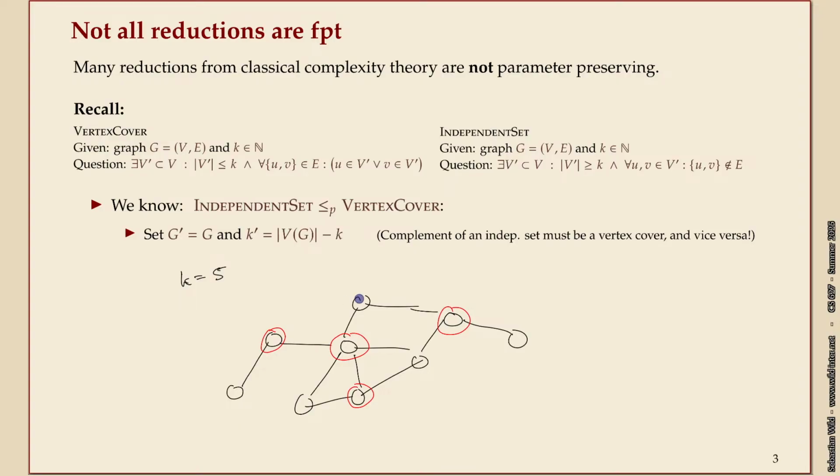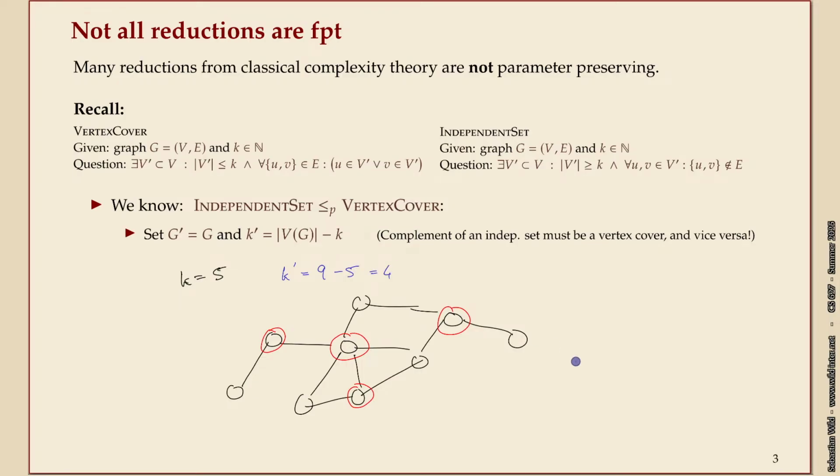I might as well just include another one. I could, or not. Doesn't matter. Now the thing is, if we take this parameter for vertex cover, the reduction says we should take the number of vertices, which is 1, 2, 3, 4, 5, 6, 7, 8, 9, minus 5.